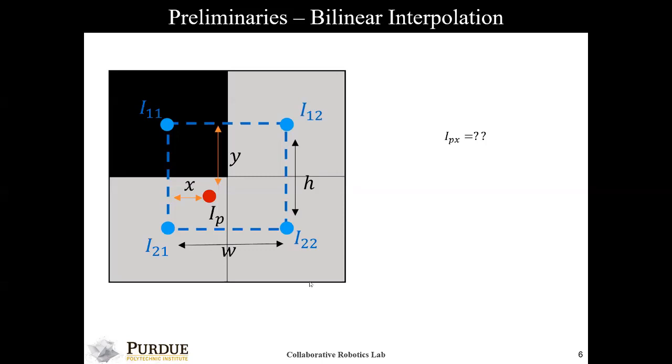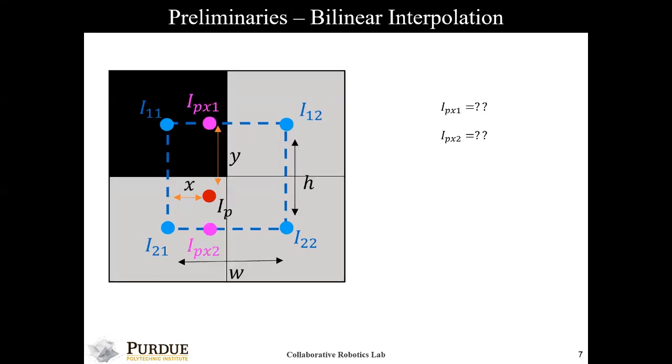We want to find some value that is some distance X away from 1 and some distance Y below, or I'm sorry, we're increasing down and to the right. So some distance Y from 1 also. The question is, what is that value? I of p is not completely in I21. It doesn't appear to be in I11 or I12 at all, but it is influenced by them from their center points.